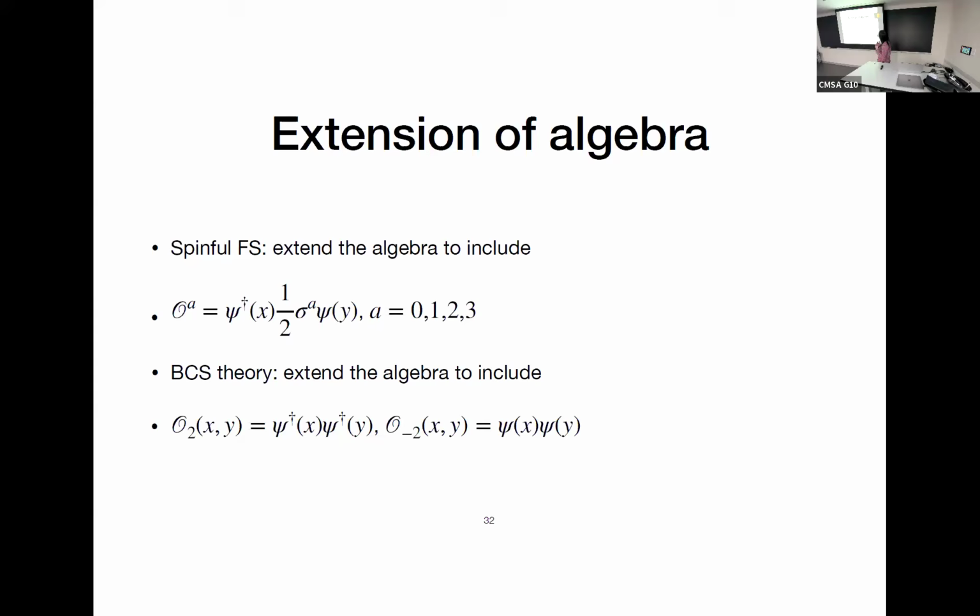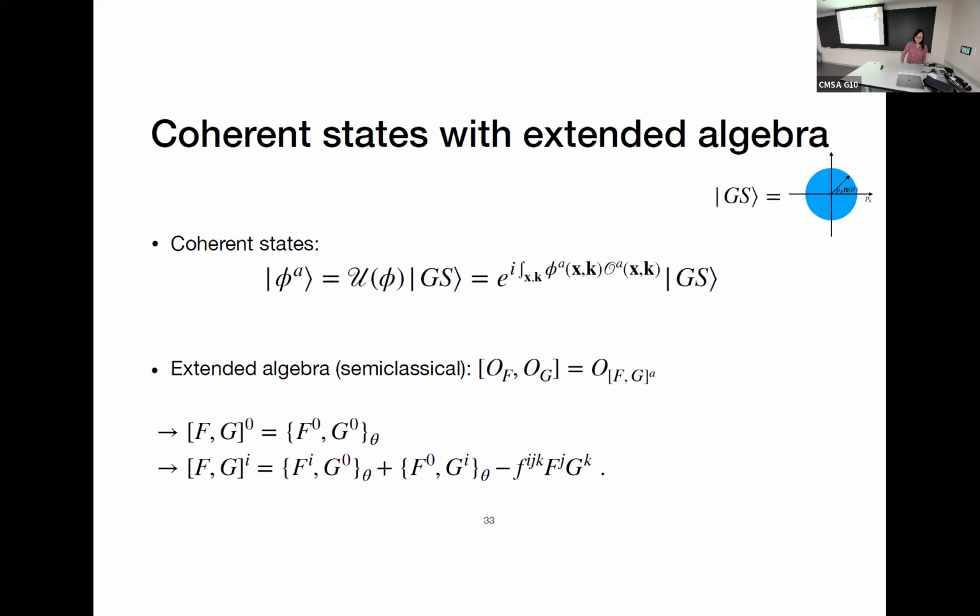And also in the BCS theory, we can include the algebra with all those terms, so that the coherent state with this extended algebra can be formulated by this.